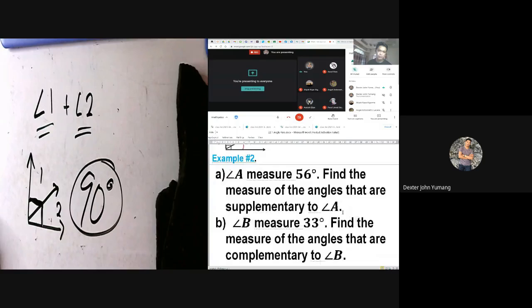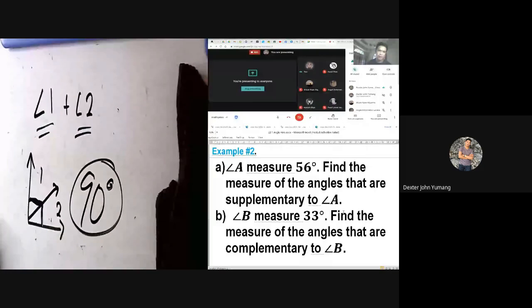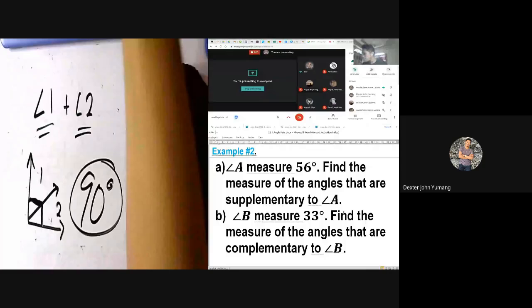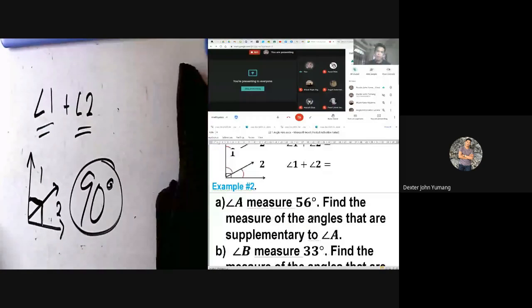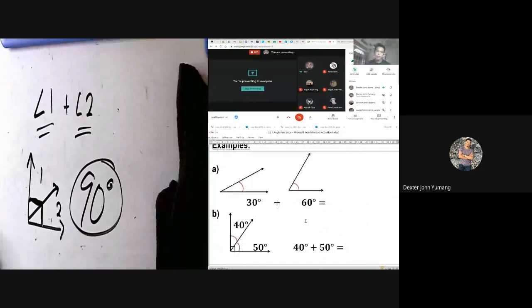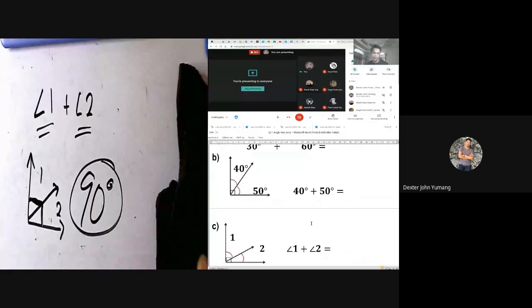Okay, next, example number 2. So, class, nakopya nyo na ba ito dati pa? Wala pa po ata, sir. Wala pa. So, yung sa mga hindi pa po nakakopya, please copy the drawing, then your answer. So, ito po yung letter C natin kanina. Please copy, then proceed na tayo sa example number 2.